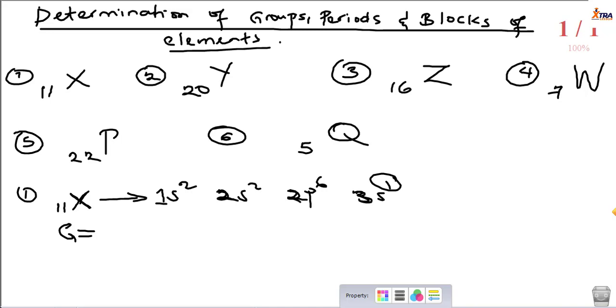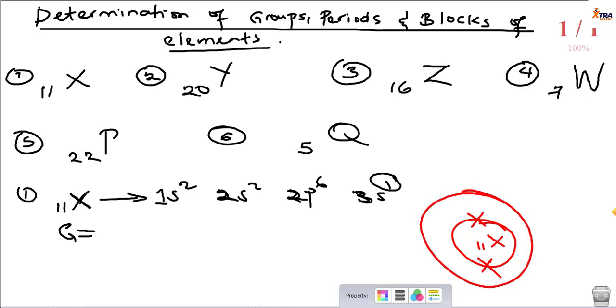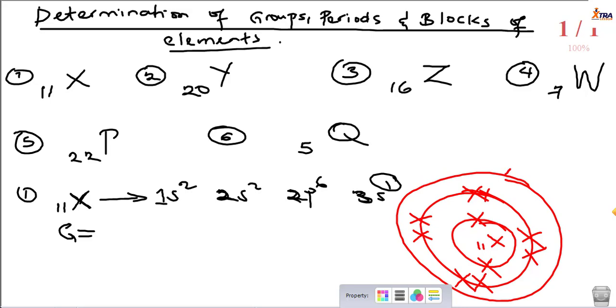Now, let's explain it this way. X has 11 electrons. This is the first 2, 3, 4, 5, 6, 7, 8, 9, 10. And finally, 11.